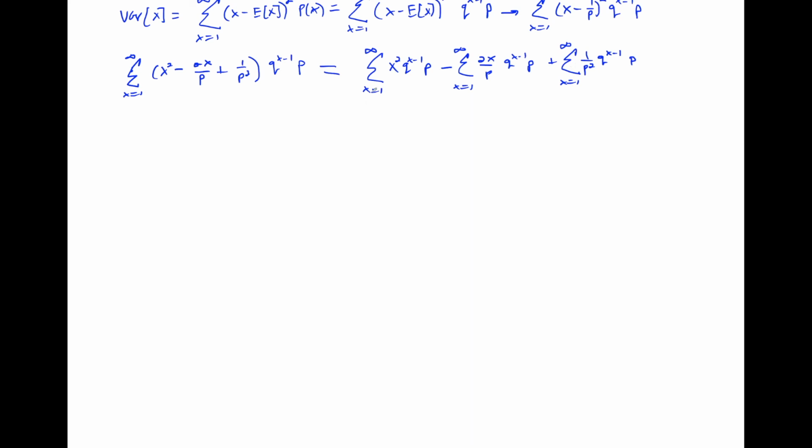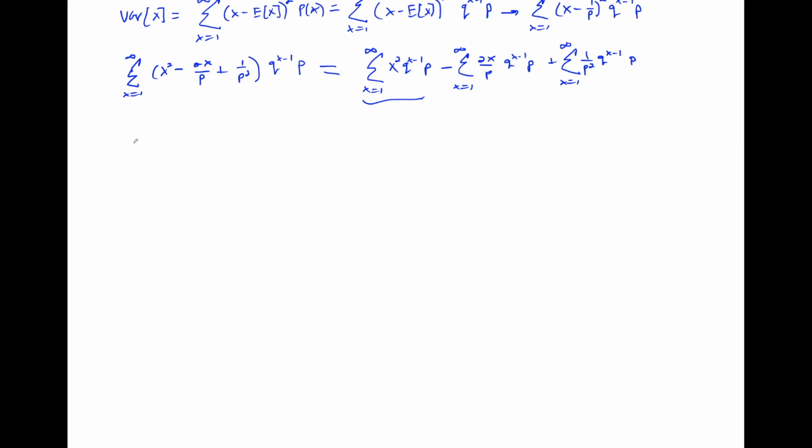For this first term, we notice that this p does not involve an x, the index of the summation. And then we can also pull out a factor of q for this multiplication of q by itself x minus 1 many times. So if we do that, we're trying to isolate and get something with an exponent that's x minus 2 and not x minus 1.